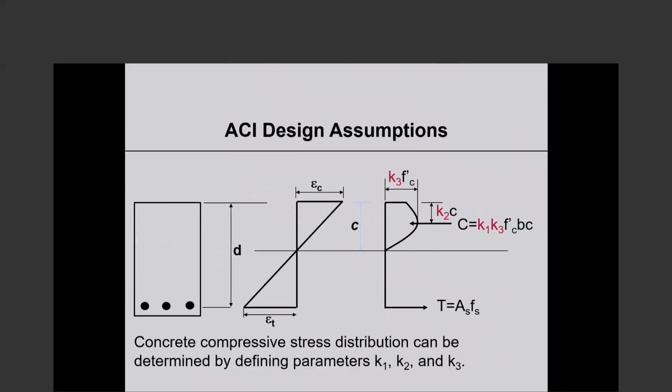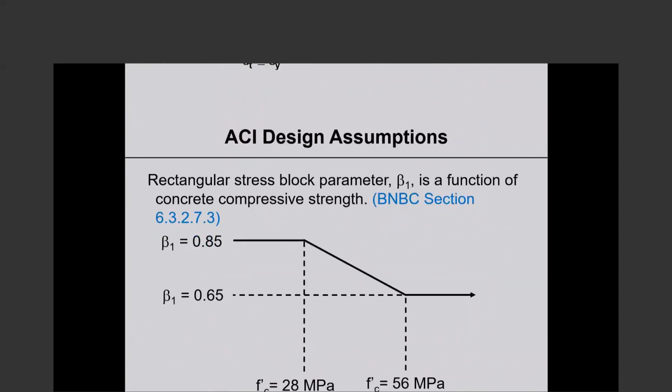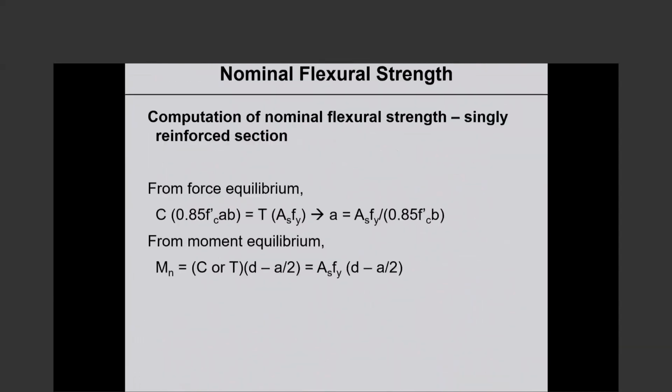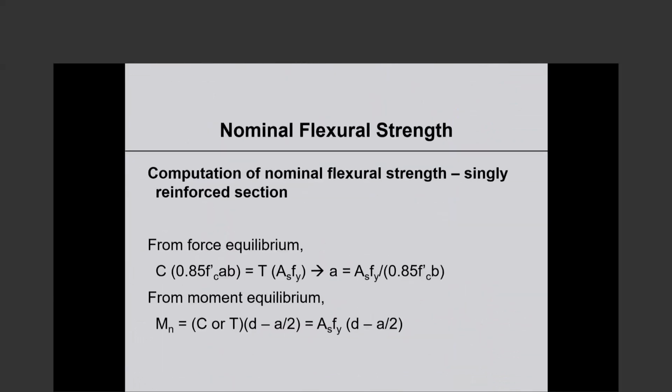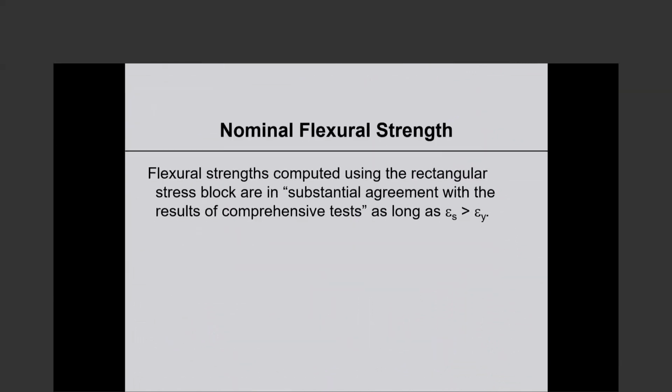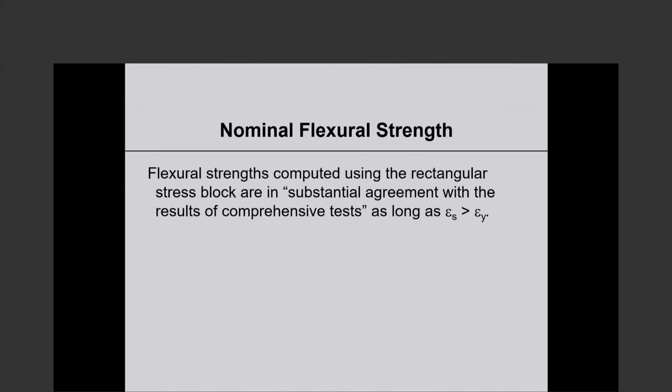So we are now saying that ACI 318 has postulated a rectangular stress distribution, but that would be valid only if the results of computation are in substantial agreement with the results of comprehensive tests. So that's the topic we are on now.